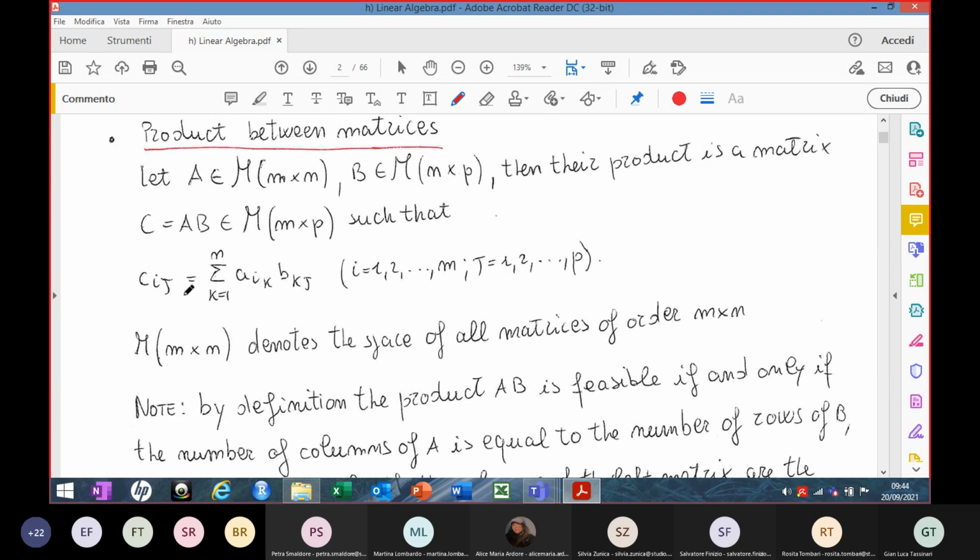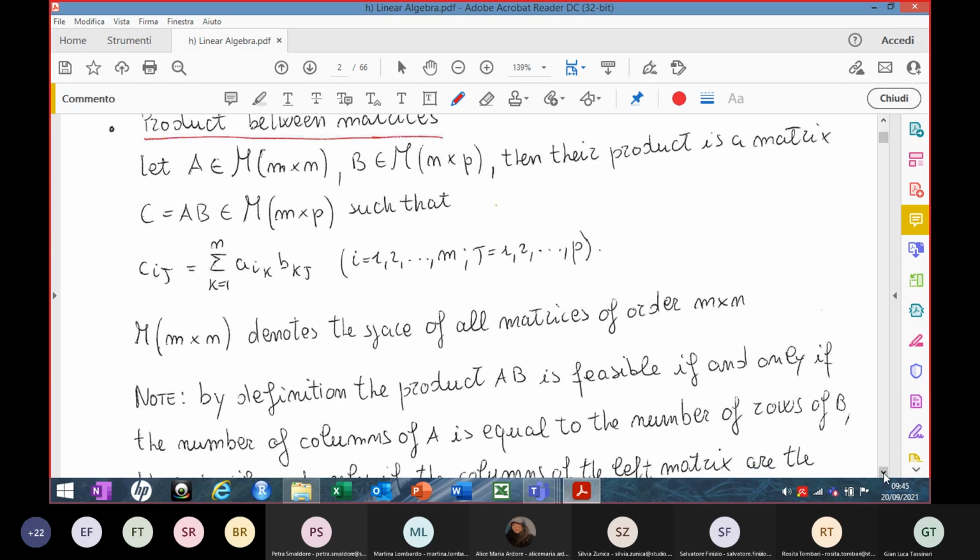Cij is simply obtained by performing the scalar product, the last product I just defined with you, between the row i of the matrix A and the column j of the matrix B. This product is feasible because the ith row of the matrix A can be seen as a row vector, the column j of the matrix B is a column vector, and they have exactly the same number of elements. So the product is feasible.